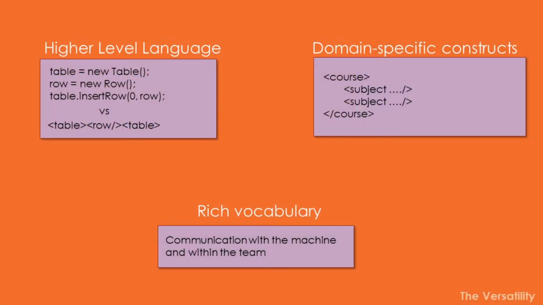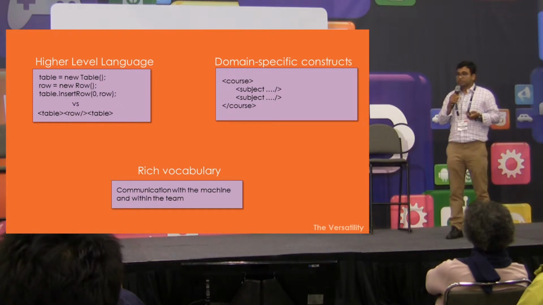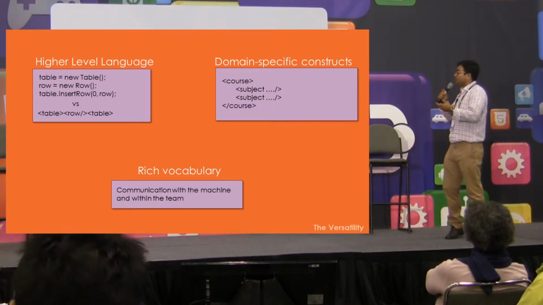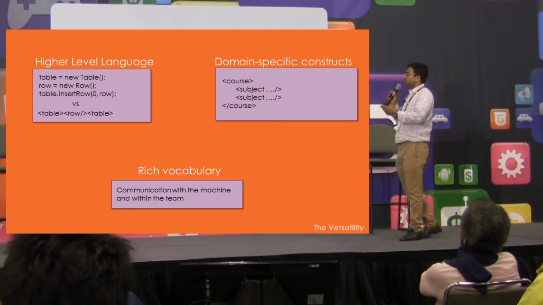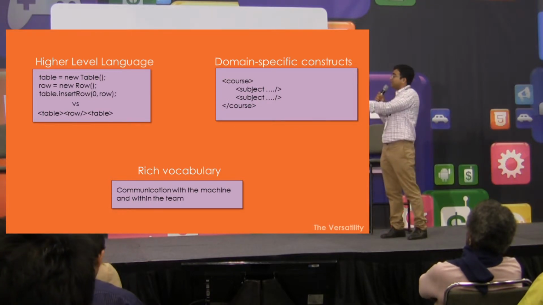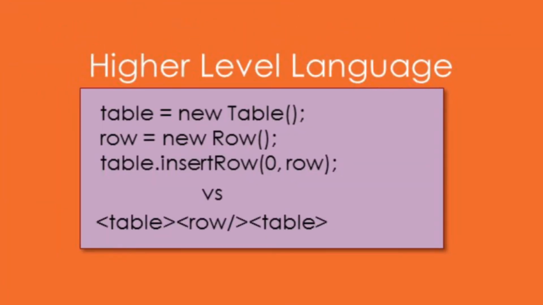Going next, the versatility. The tool that I would want to use should give me power to write my code. A higher level language that I can get from a tool is going to make my job easier by making the tool powerful. The higher level language that I'm using as an example here is a declarative UI.